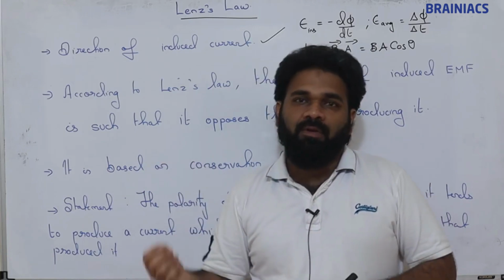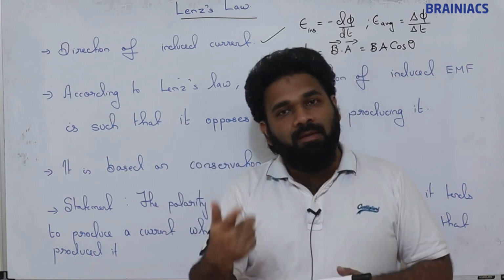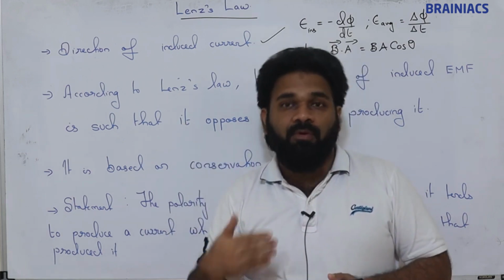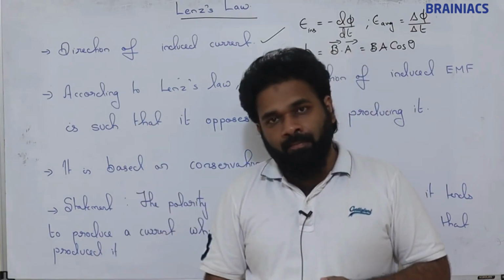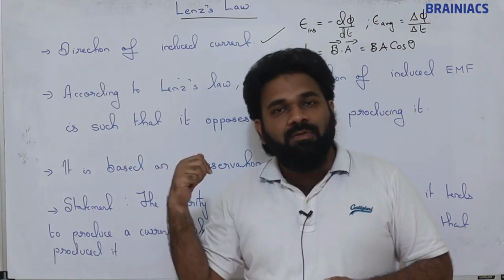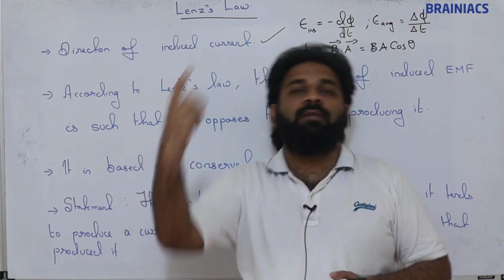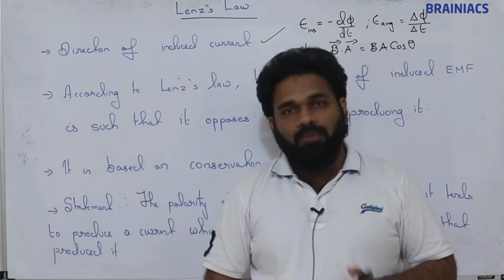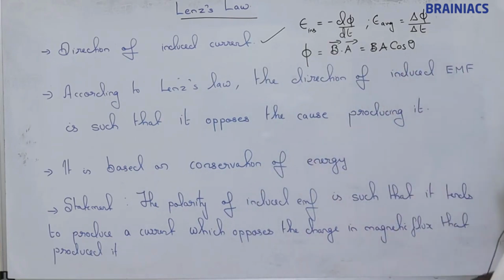If the magnetic field is increasing, the induced EMF will be formed in such a way that it tries to decrease the magnetic field. If the magnetic field is decreasing, the induced EMF direction will be such that it tries to increase the magnetic field. That is how it opposes the cause producing it.